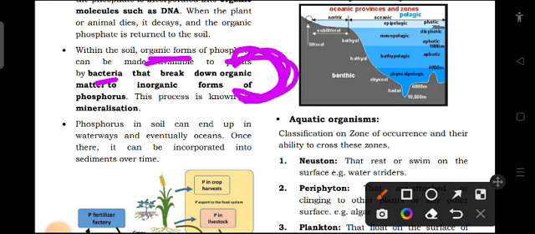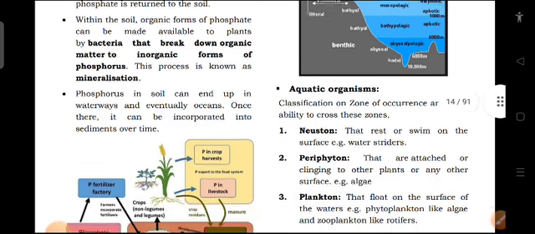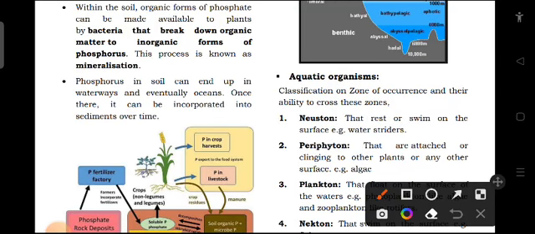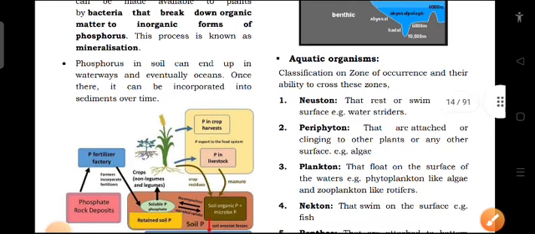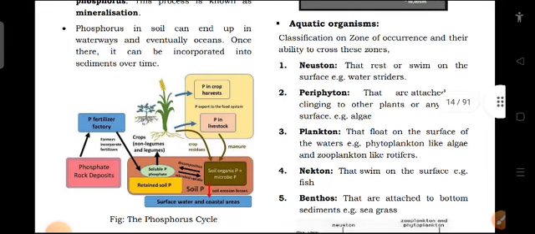Breaking down of organic matter into inorganic form is called mineralization, which is done by bacteria. Phosphorus in soil can end up in waterways and eventually the ocean. So from soil it will reach the waterway and eventually the ocean. When there, it can be incorporated into sediments over time. This is the phosphorus cycle.